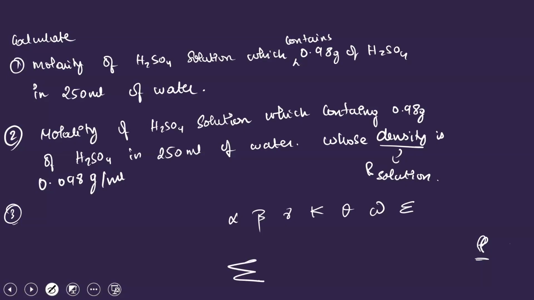Epsilon is different from sigma. Nu, delta. Very good. Psi, pi.